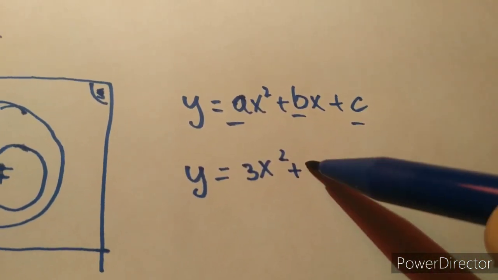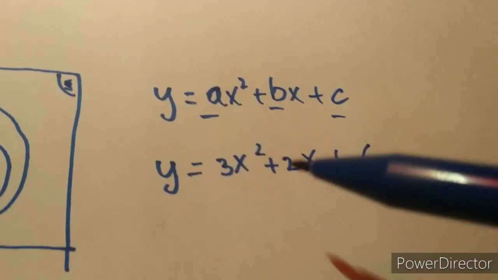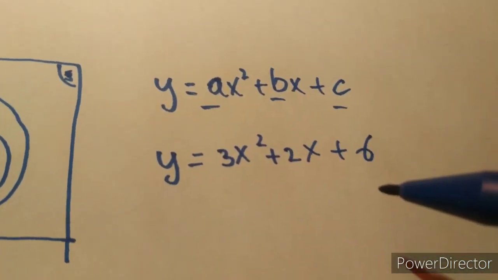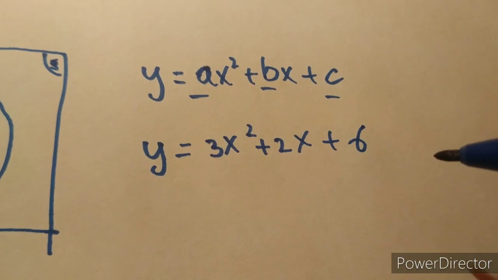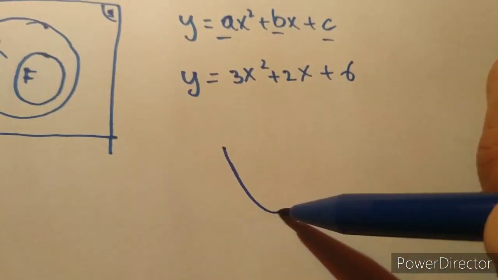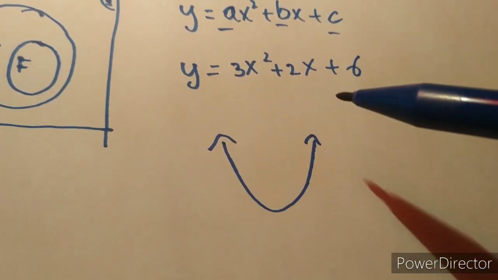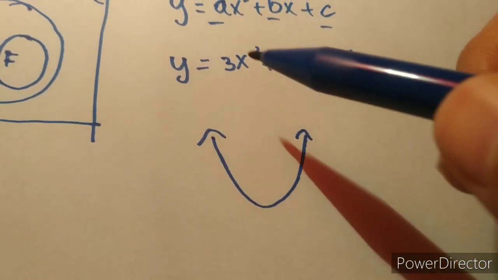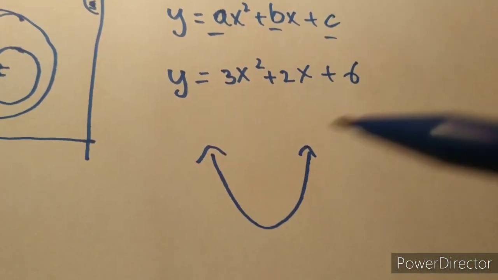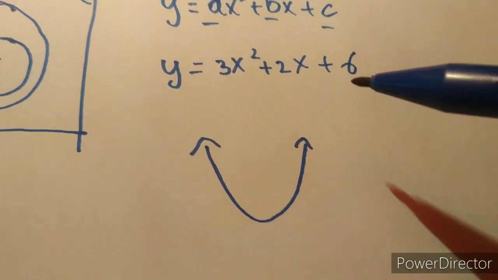So this is your quadratic function, and this is also a quadratic relation. You have learned that for a quadratic function, the shape will be a parabola, like this. It's facing up because a is positive. So this is a relation, and this is also a function.